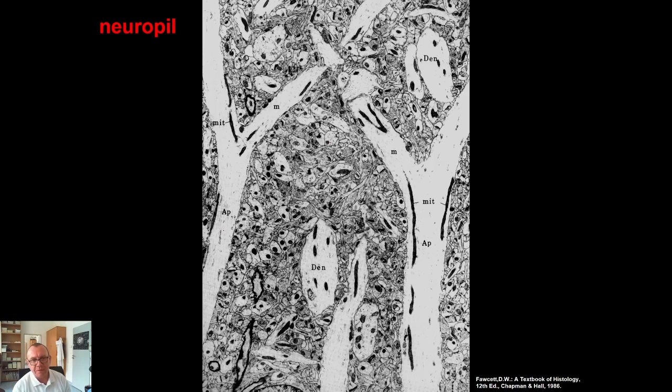Many processes, some of them are probably dendrites because they are branching and they are quite thick. But what about all these small things here? They are usually processes of glial cells.